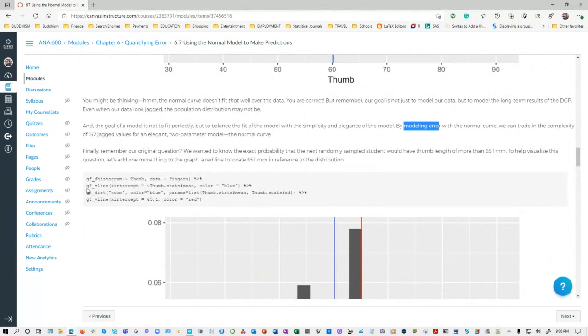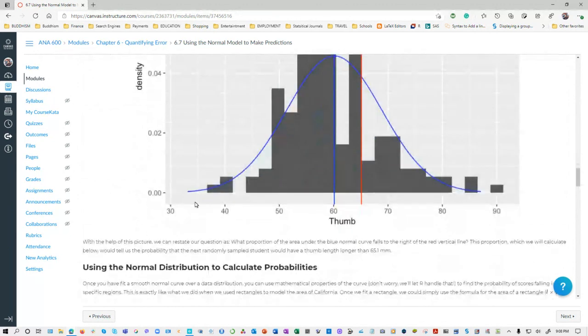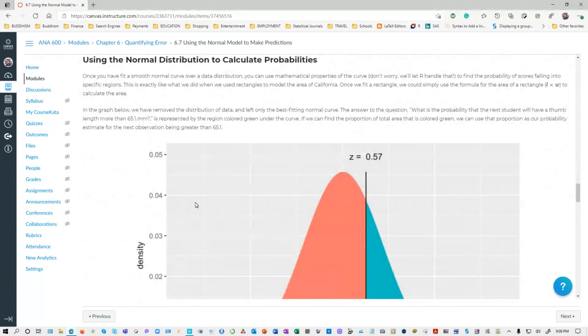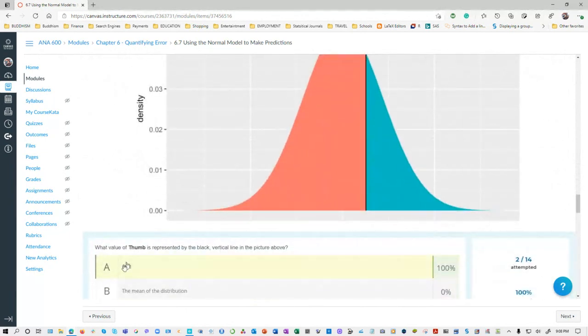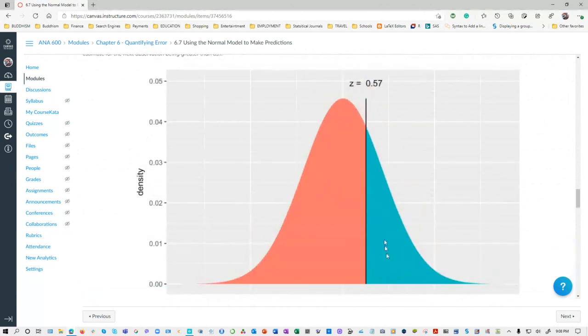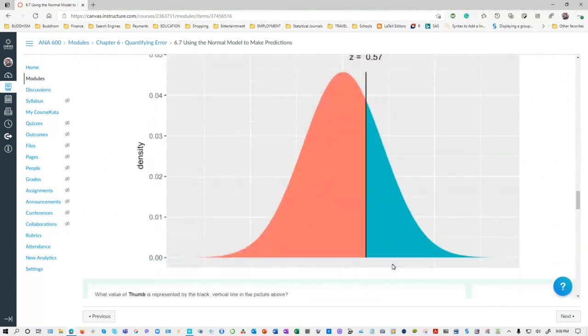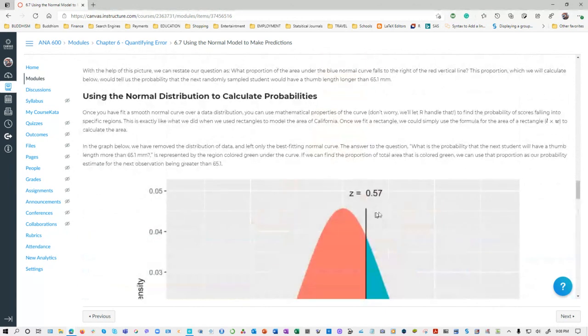You can do it like this. With the aid of the normal distribution to calculate probability, it's now easy. The thumb is represented by the black vertical line in the picture below. This one is 65.1, and see how much proportion is going to be more than that. Its corresponding z-score is 0.57 as well.